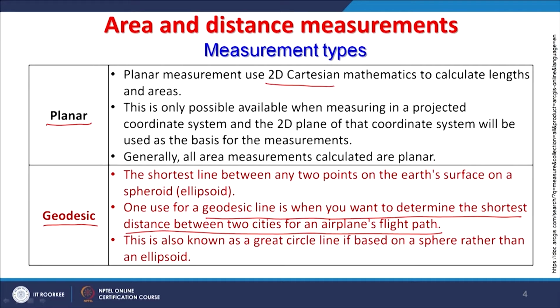So, depending on our requirements, we can choose the measurement type, and of course depending on what type of data input there is. Whether the data has come from a 3D surface, that means a part of the sphere, a curved surface, or the data has come from a 2D map like survey topo sheets or some other map.